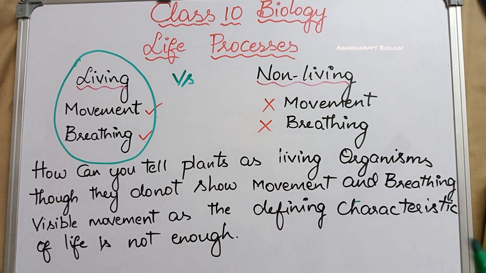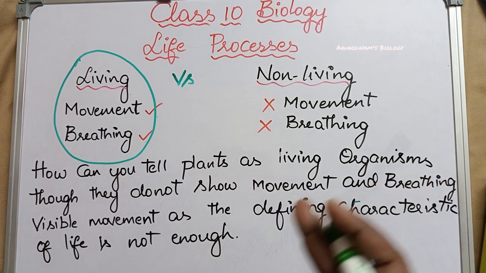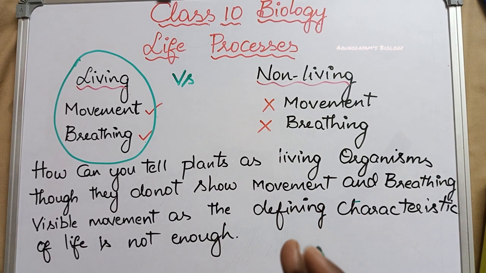So there is a need for repairing and maintaining this structure. That repairing and maintaining of the living organism is taken over by life processes. Life processes help in repairing and maintaining the structure of living organisms.